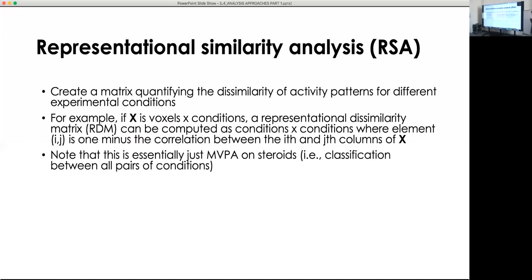So let me let that sink in, and then I'll try to explain it. Think about the cloud plot. You're in voxel state space, and adult faces and baby faces basically occupy the same part of the cloud. So you can't classify them as different. It'll be like 50% correct.